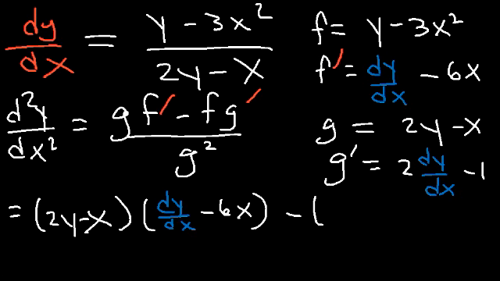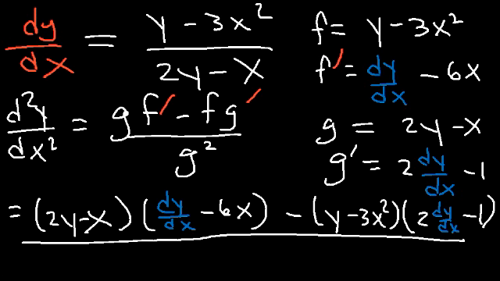And f is y minus 3x squared. And g prime is 2 dy dx minus 1, divided by g squared, which is 2y minus x squared.